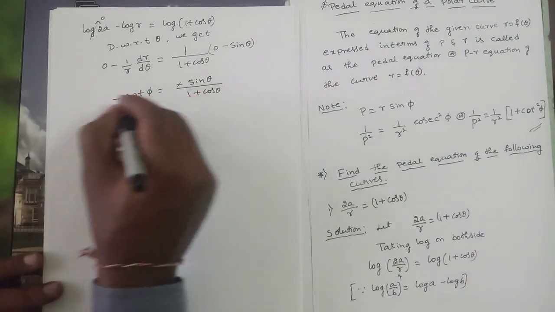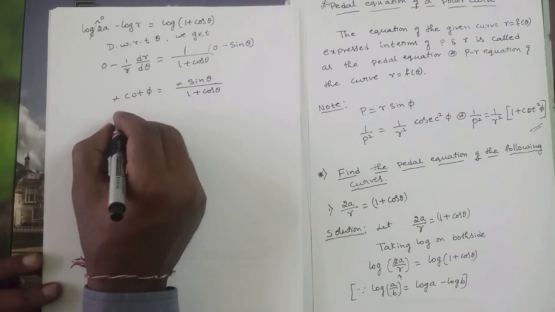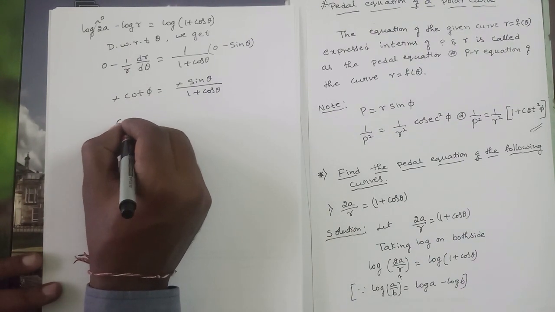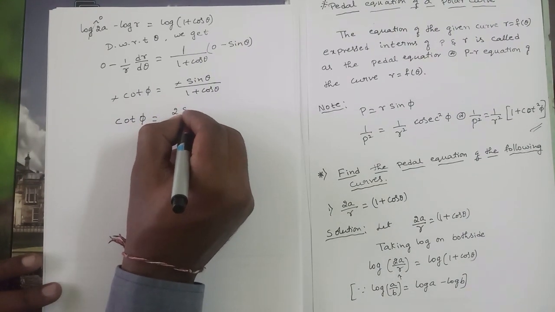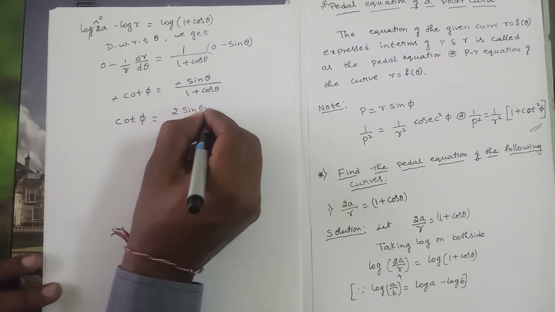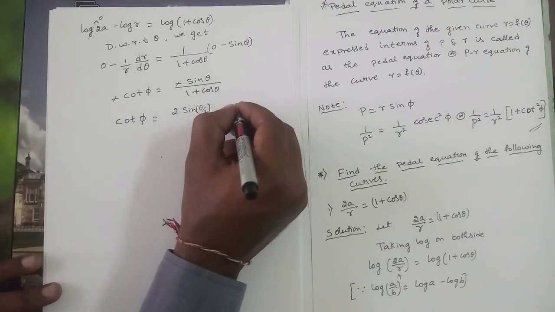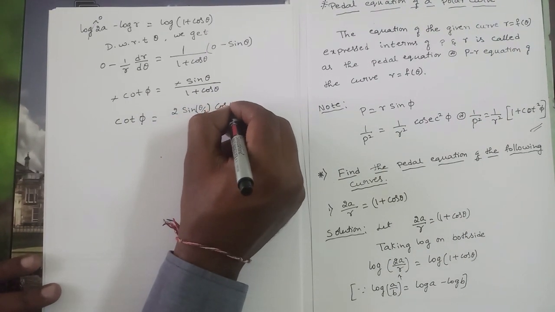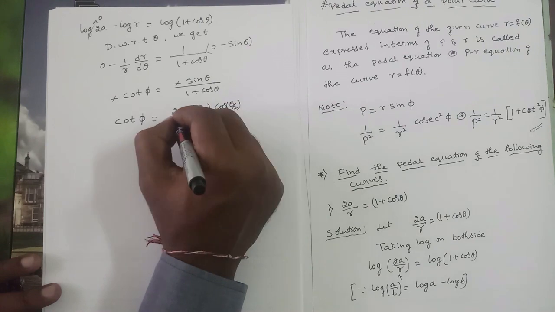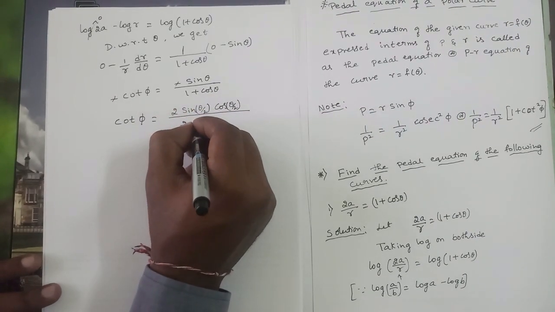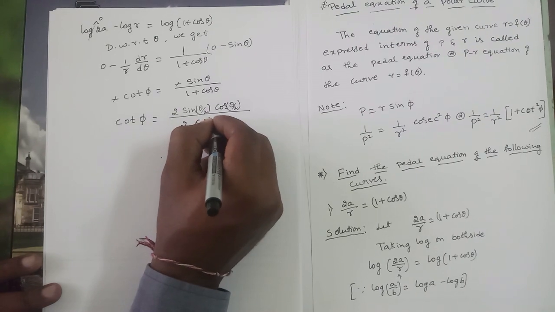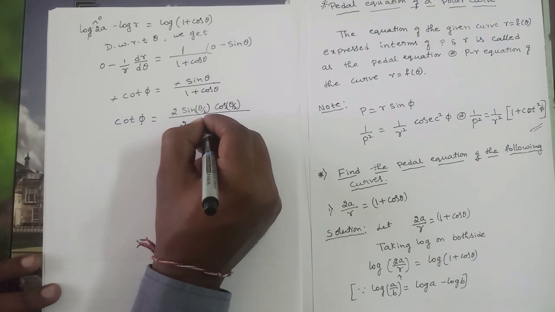So minus minus gets cancelled. So cot phi equals, sin theta can be written as 2 sin theta by 2 into cos theta by 2, divided by 1 plus cos theta, which can be written as 2 cos square theta by 2.